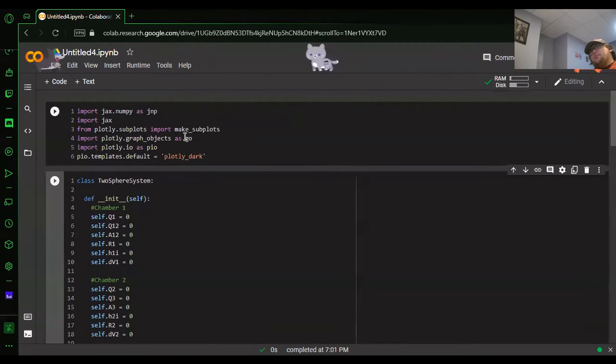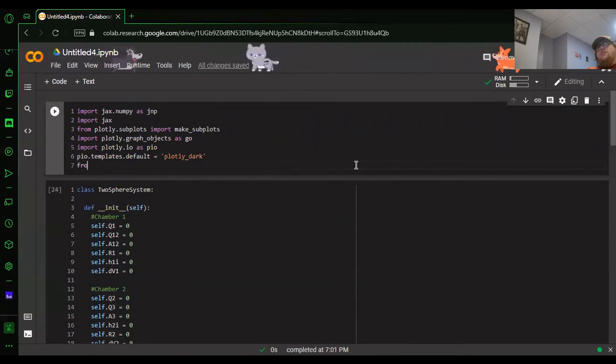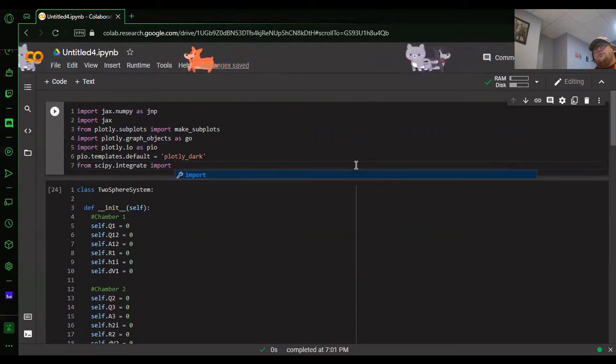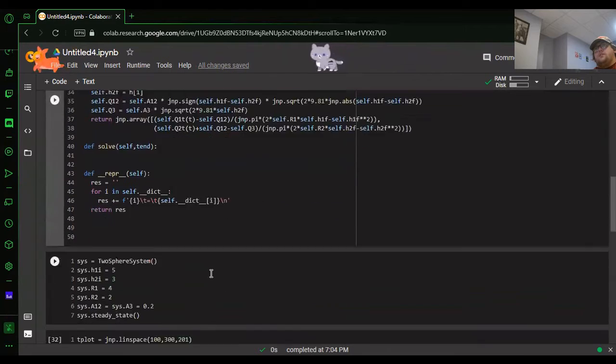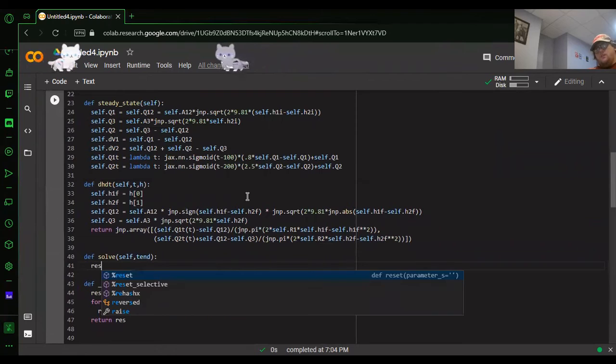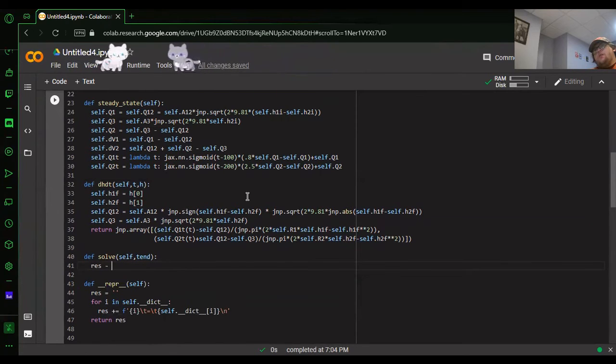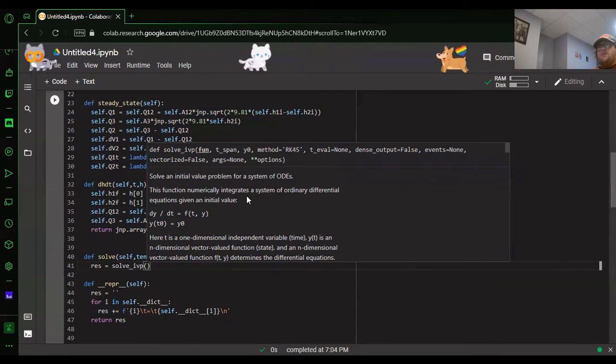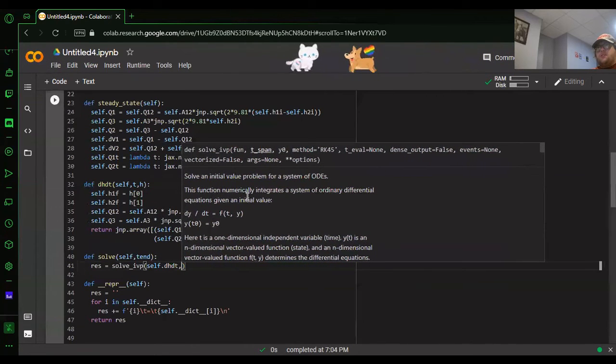So to do that, we need to come back up here and get solve_ivp from SciPy. Great. Import solve_ivp. So what happens here is we're going to have a variable called res, which is going to be equal to solve_ivp. Our function is going to be our dHdt method.